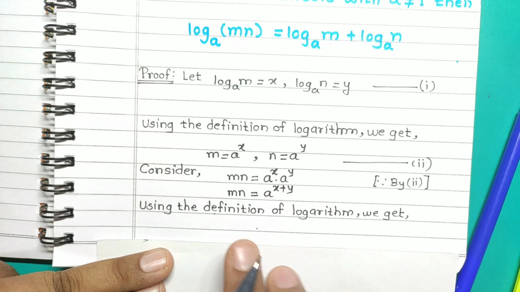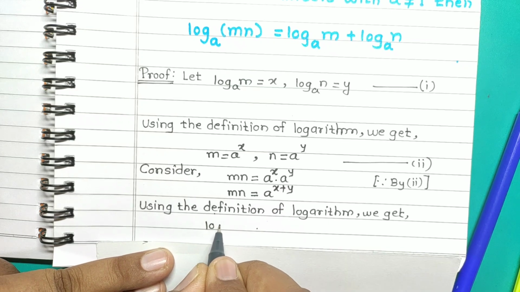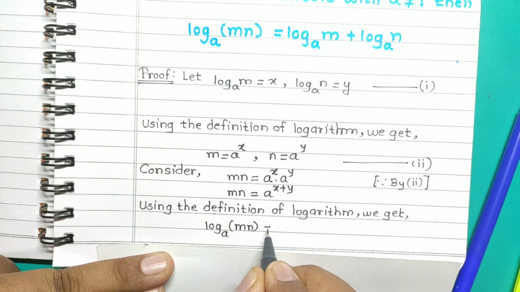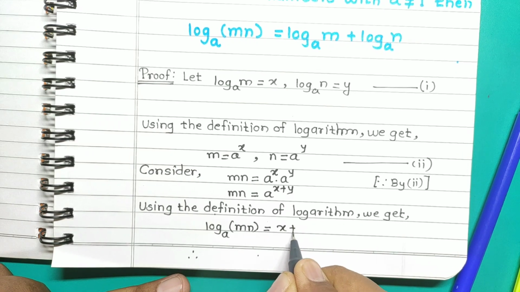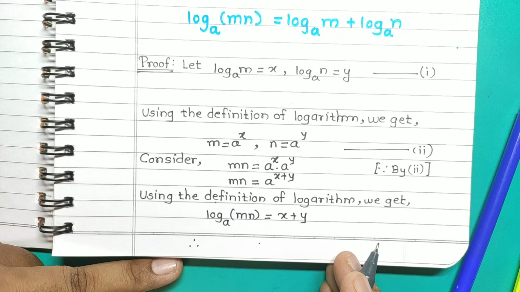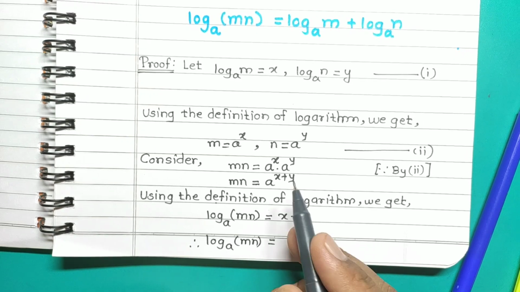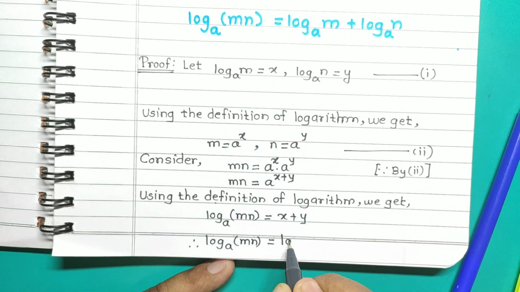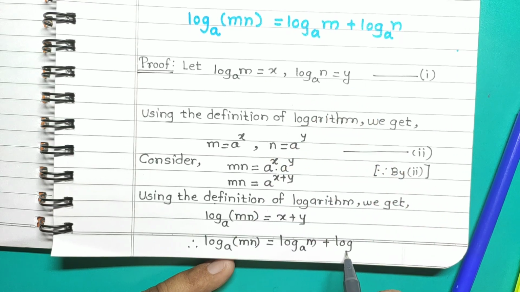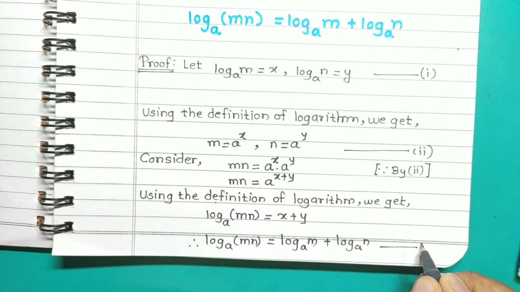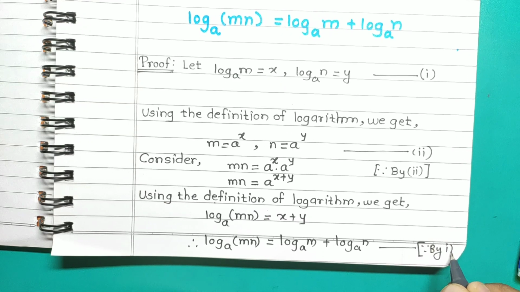So log of mn to the base a is x plus y. Replacing x and y from equation 1, x is log of m to the base a plus y is log of n to the base a.